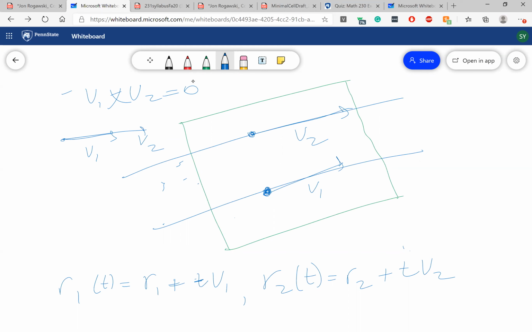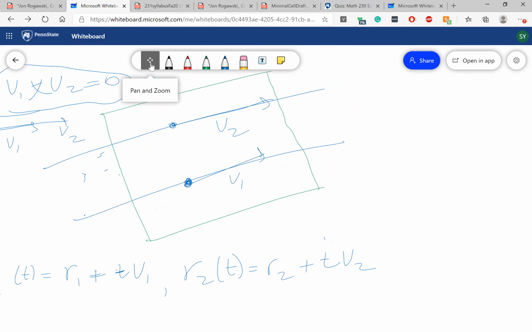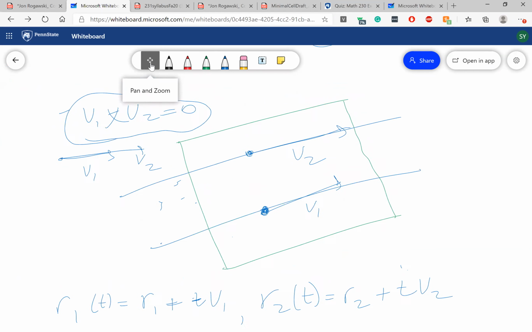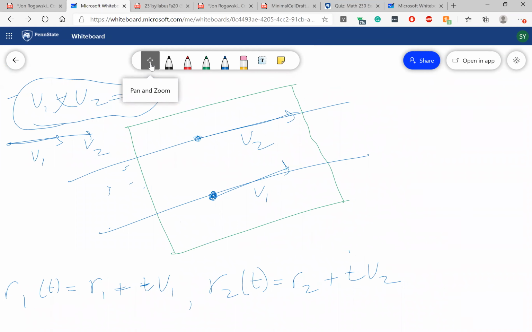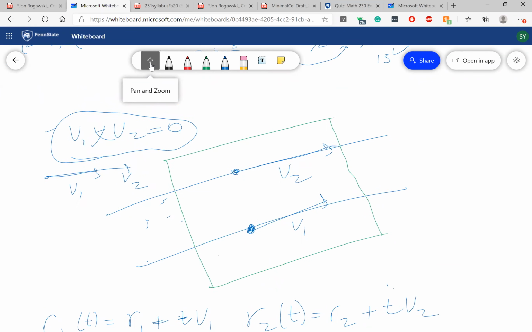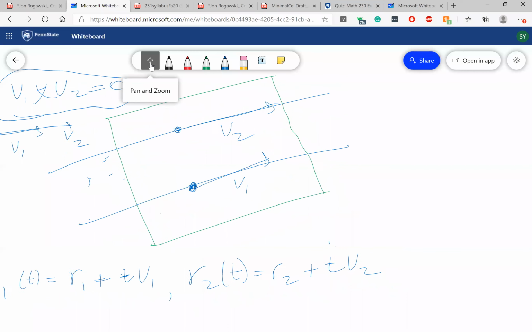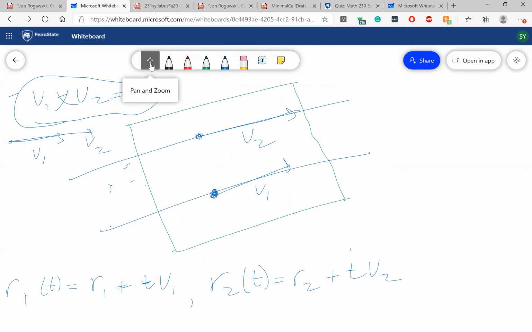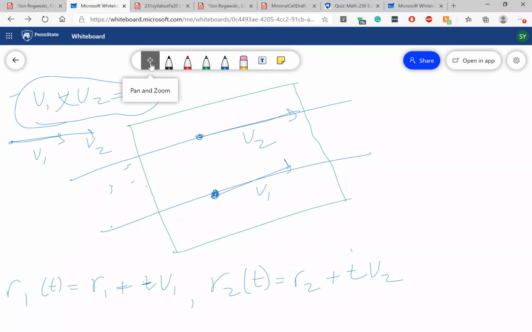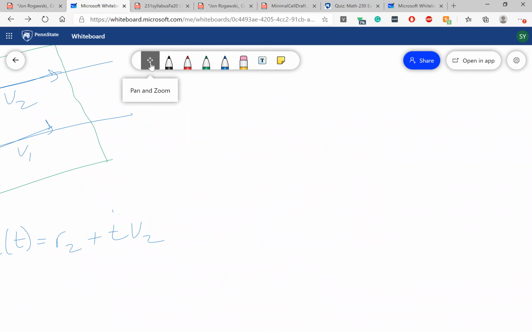And can anyone tell me there are two good ways to figure out why this is true? How do we know that if two vectors are parallel, then their cross product is 0? Anyone?